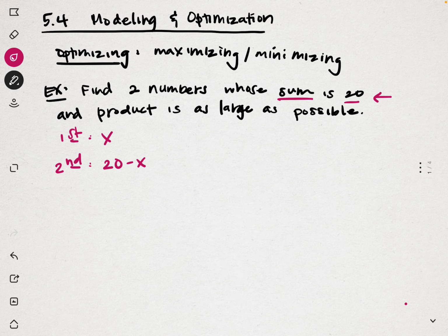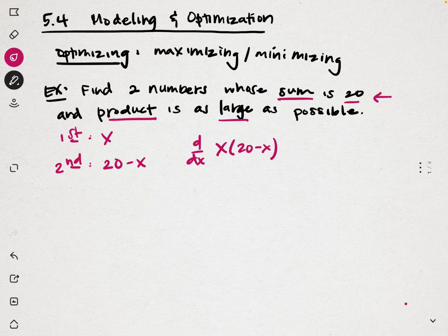Now the second part, it says the product is as large as possible. So we're trying to maximize this product. So we're going to multiply the two things. And we know that we'd find maximums and minimums when we do the derivative and find where the derivative equals 0. So let's do the derivative of this.